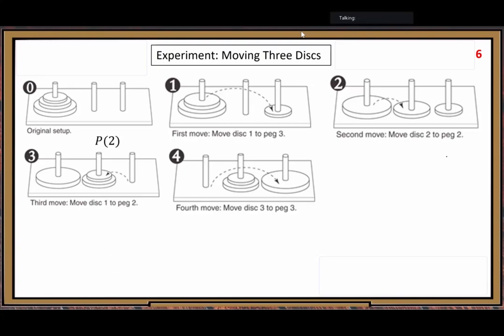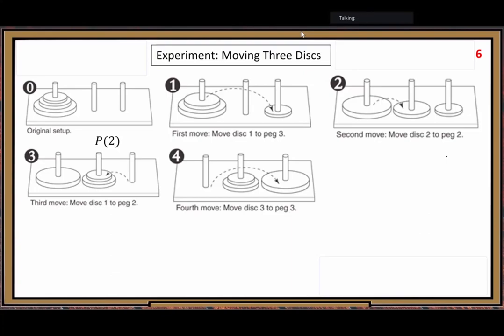After that, to complete the whole solution, basically you just need to move the top 2 disks back to the destination peg. So that whole package, moving the top 2 disks from the middle peg to the destination peg, is that a solution of P of 2? Size 2 solution, right?